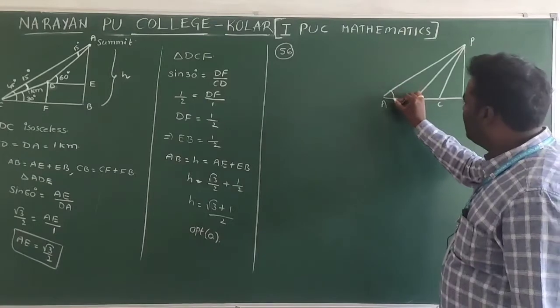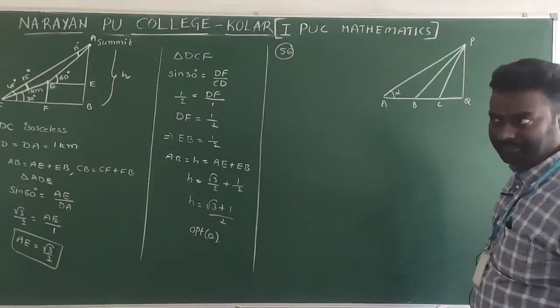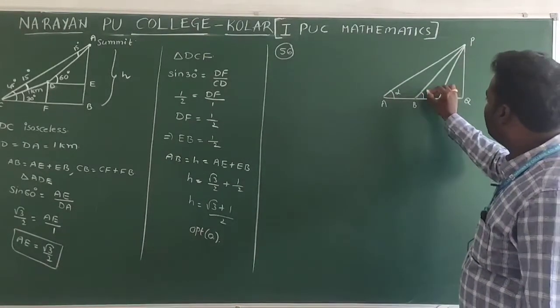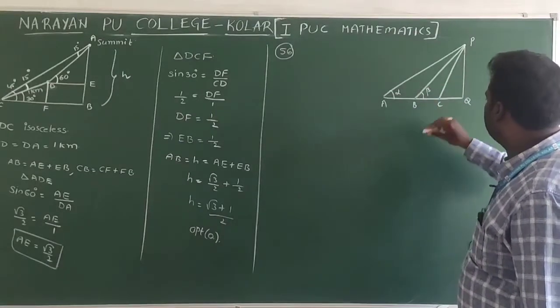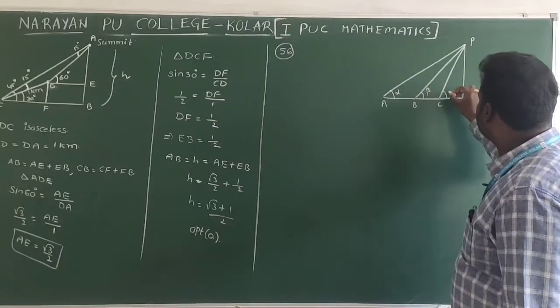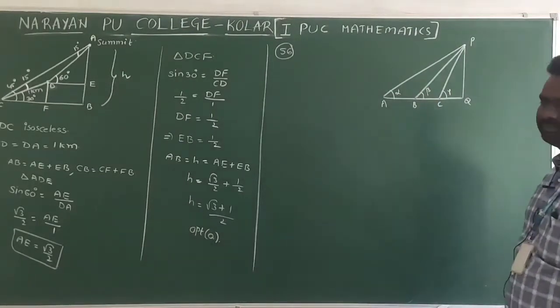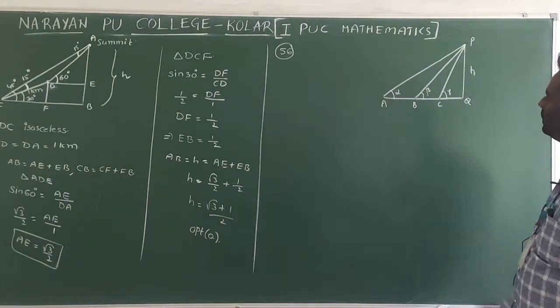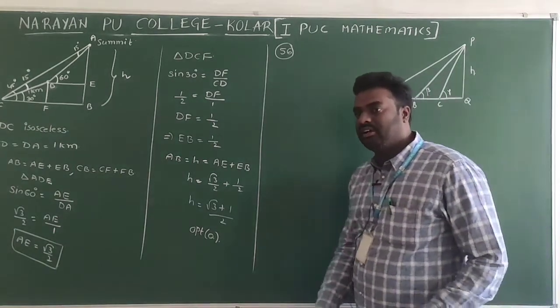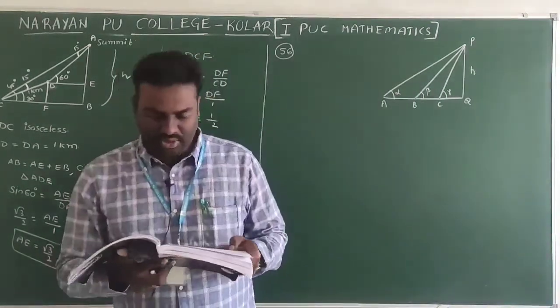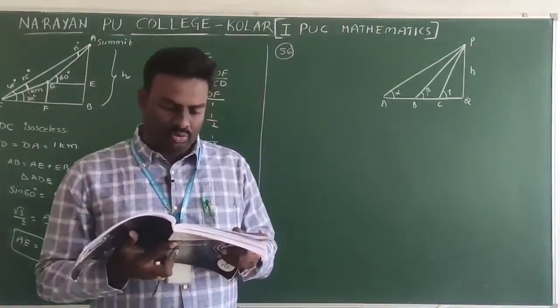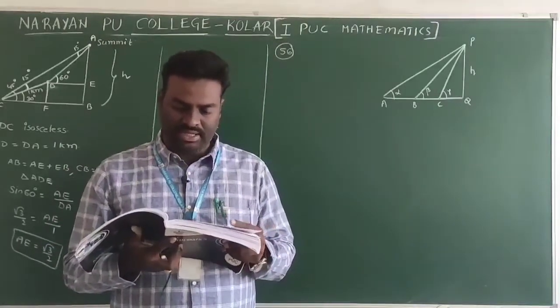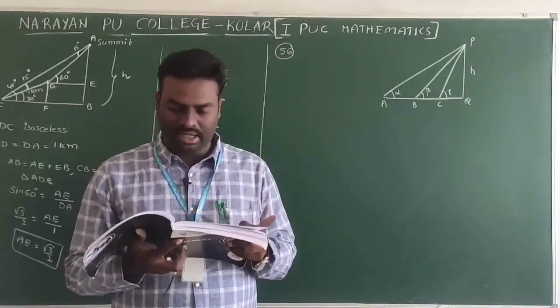It makes an angle of elevation alpha at A. It makes an angle of elevation beta at B. It makes an angle of elevation gamma at C. Okay. This is the height of the tower. Here what we need to find? We need to find BC cot alpha minus CA cot beta plus AB cot gamma.